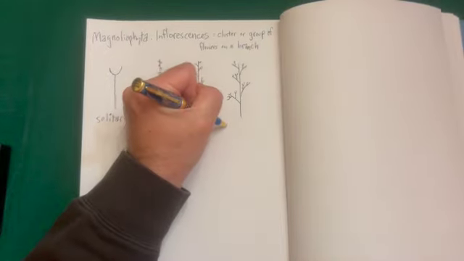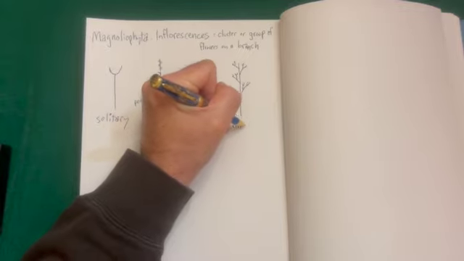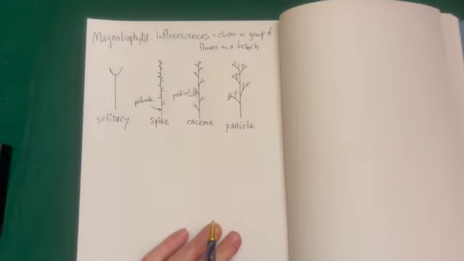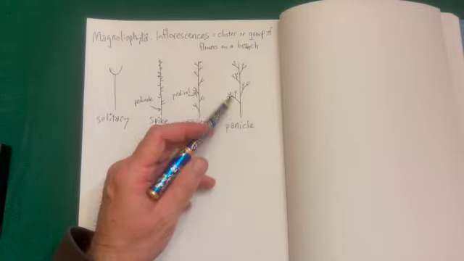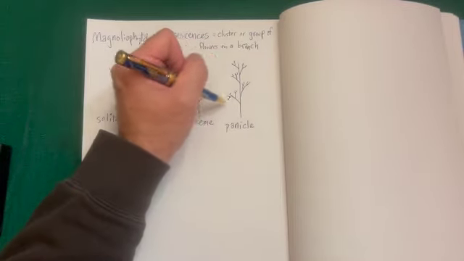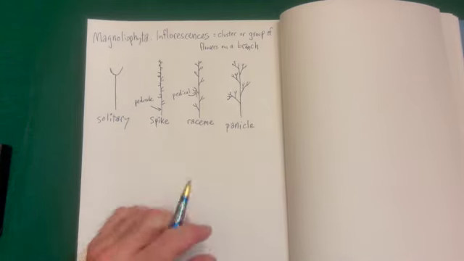And this is something called a panicle, a panicle. So rather than just having that one single peduncle, we've got a stem that is branched, and that branch has subordinate branches on there. That's a panicle.